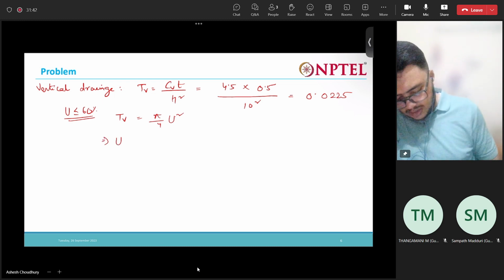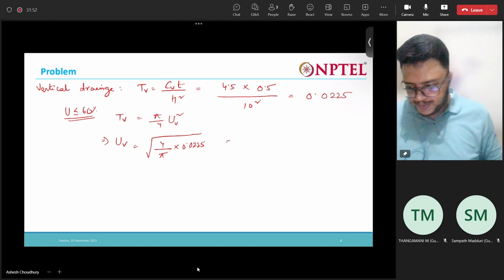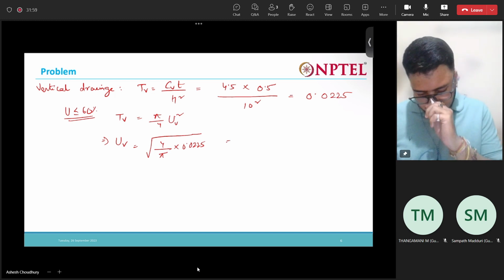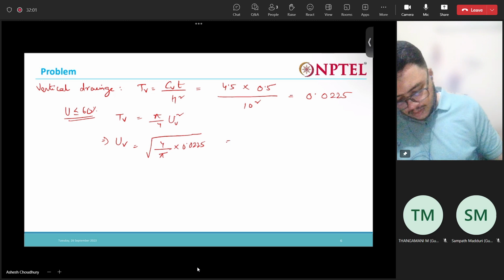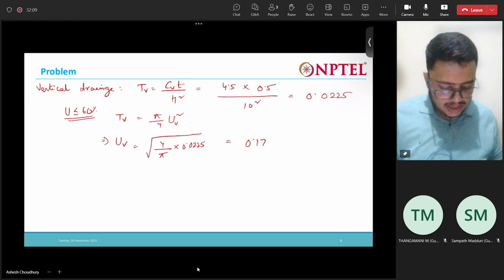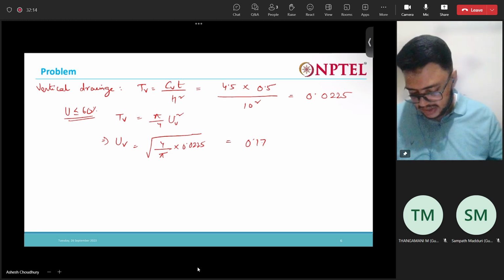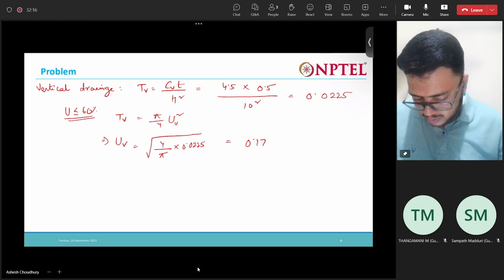So what is UV, the vertical degree of consolidation? It is root over 4 by pi times TV, which is equal to 0.17. So the degree of consolidation is 0.17, if there is only vertical drainage.